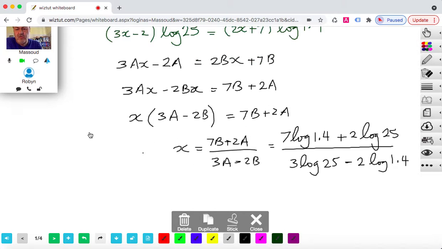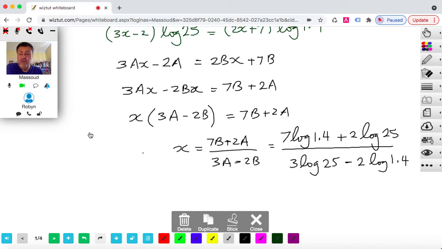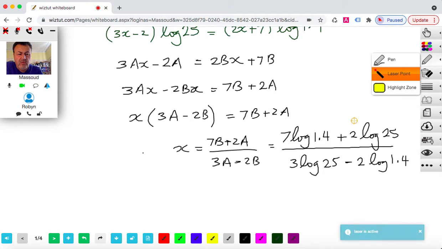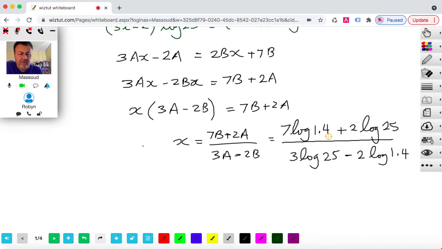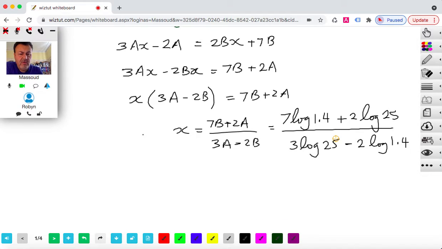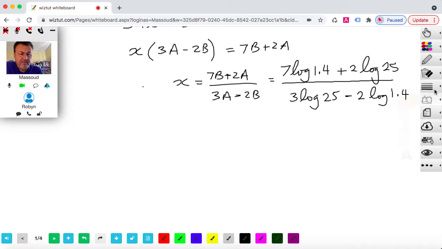And then I suggest you just type that in the calculator and get the answer. The answer to 2 decimal places is what is requested here. You do use the fraction format of entering this information into the calculator. I'm not going to do it because this is not a very difficult thing to do, and you can do it. So I'm going to move on to the next question.